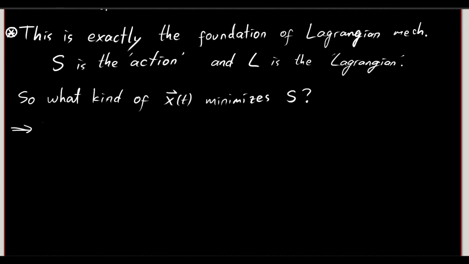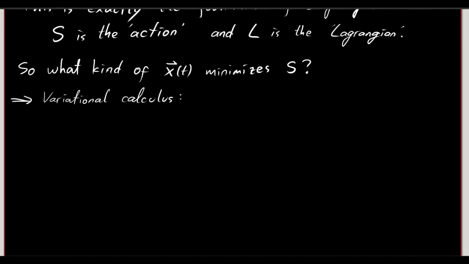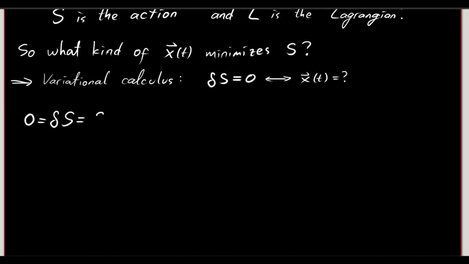Well, we need to turn to variational calculus, which I won't explain much, just enough for us to get by. On the surface, it behaves just like a regular total derivative of a function. When S is at its minimum, its derivative is 0. So we write the variational derivative as delta, so delta S is 0.